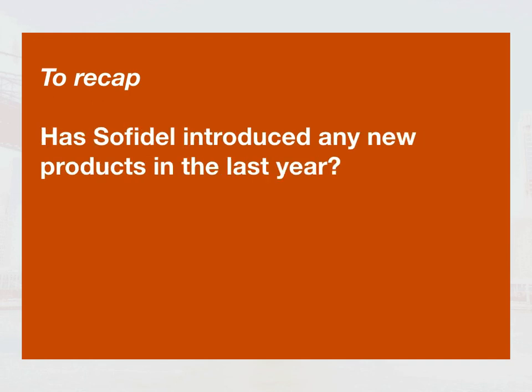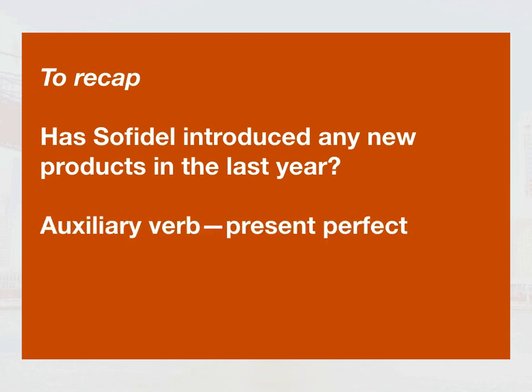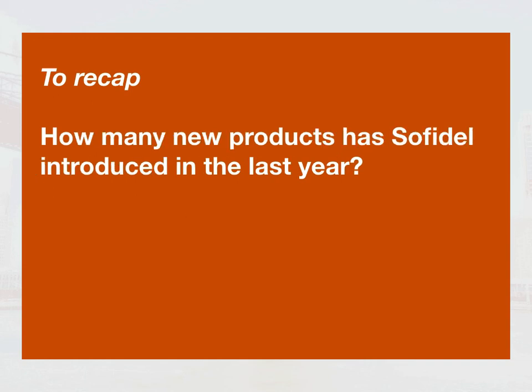Has Sophidel introduced any new products in the last year? Here we are again, an example of switching the order of the auxiliary verb, in this case in the present perfect, and we end up with, has Sophidel introduced any new products in the last year? How many new products has Sophidel introduced in the last year?